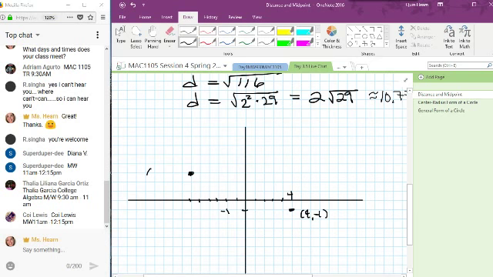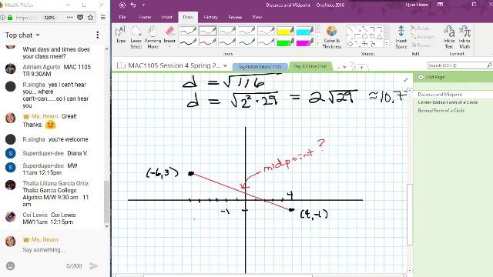Okay, we just found that the distance between those 2 points turned out to be a little more than 10. And now what I'm wondering is not the length of the line segment, but what point would be exactly in the middle of the line segment? We're looking for a midpoint. So it looks like it would be about here, right? But what would be the exact coordinates of that point?